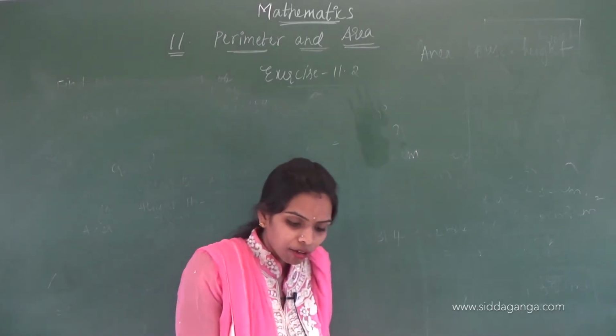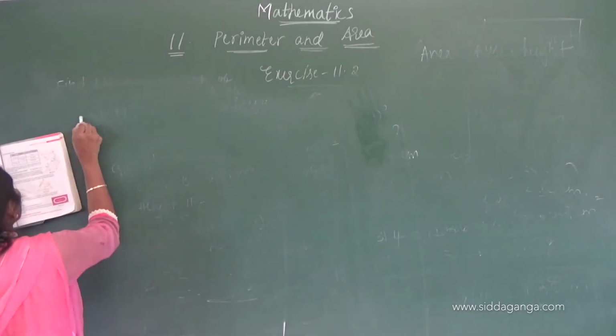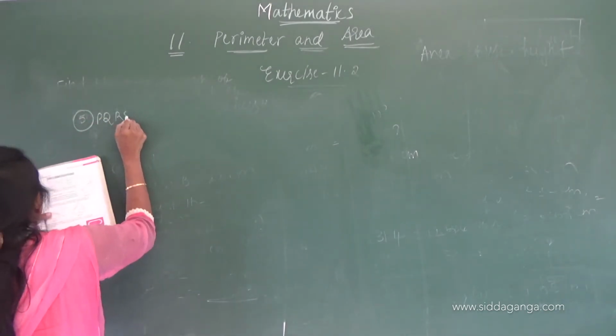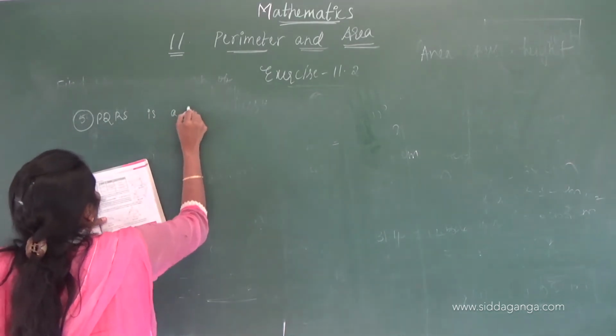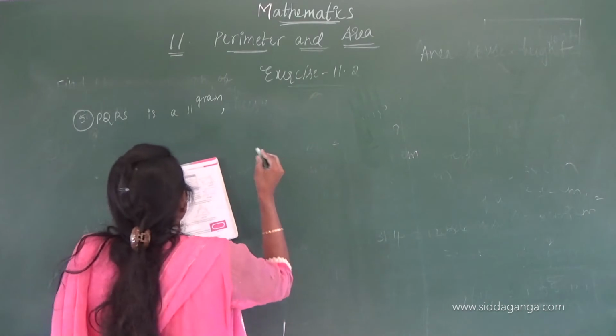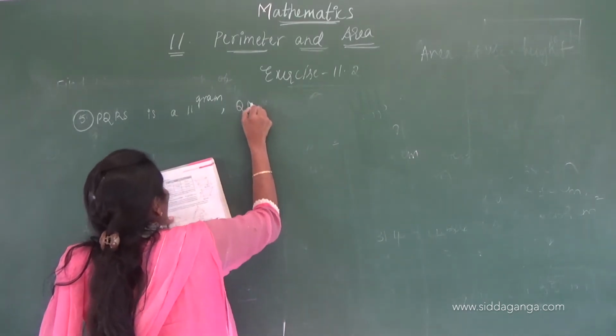What is the question they have given? Fifth question. PQRS is a parallelogram. One figure also they have given.